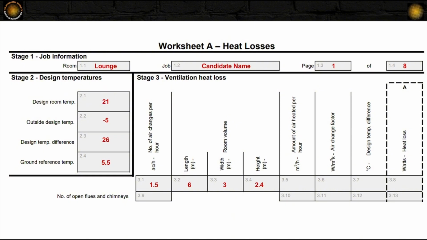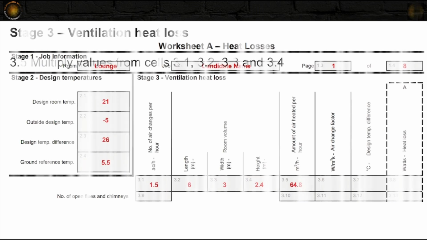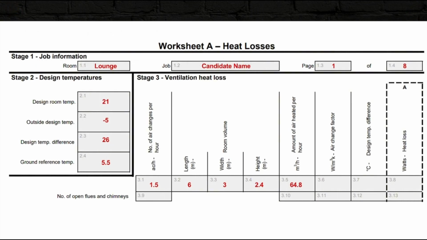So to ascertain that, we take the figures from box 3.1, 3.2, 3.3 and 3.4 and basically multiply them together. So the 1.5 air changes multiplied by the 6, the 3 and the 2.4 gives us 64.8 cubic meters of air every hour that needs to be heated.